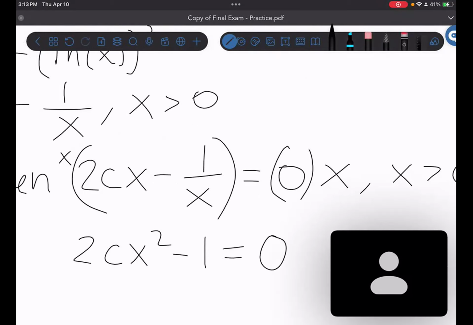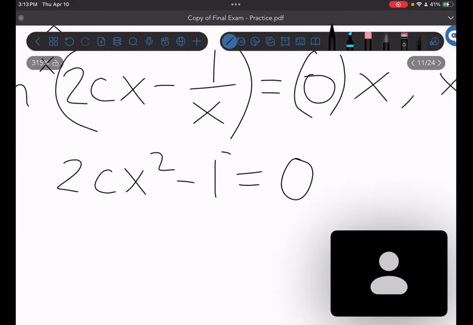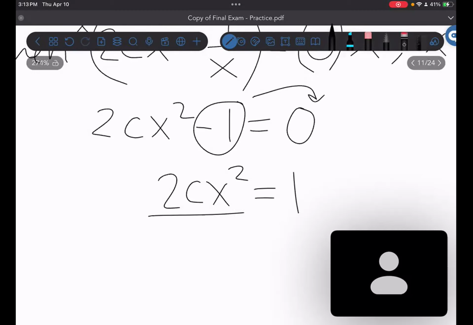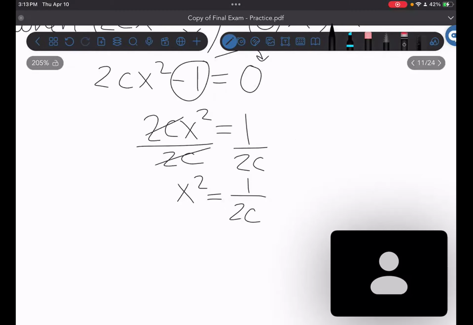And from there on, I could simply solve for x, right? I just move this guy over here. So 2cx squared equals 1. I divide both sides by 2c. And I'm left with x squared equals 1 over 2c. So I square root both sides.